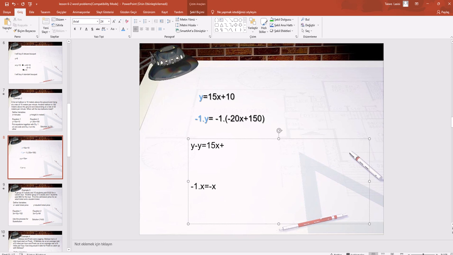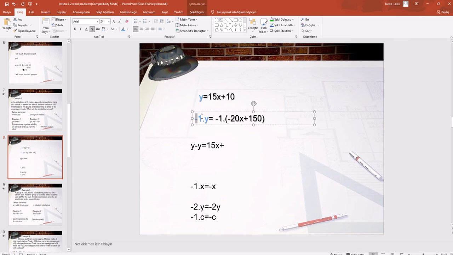Or -2 multiplied by y, you can simply write it as -2y. I don't need to write this multiplication there. Minus 1 multiplied by y is minus y. That's why I write minus y.